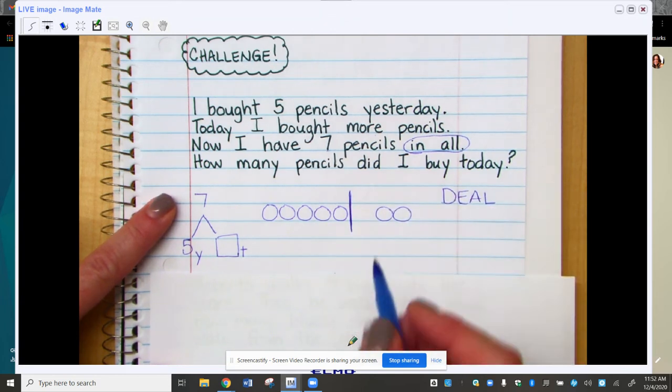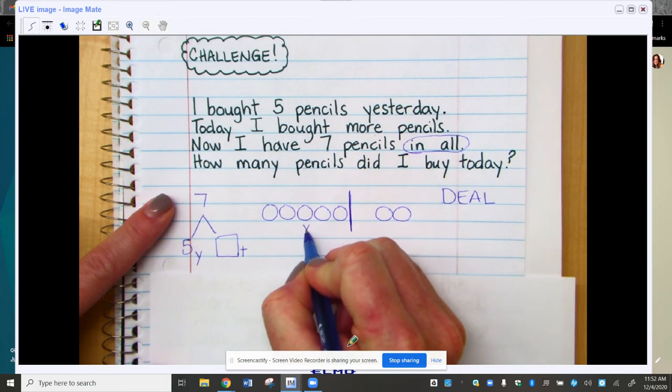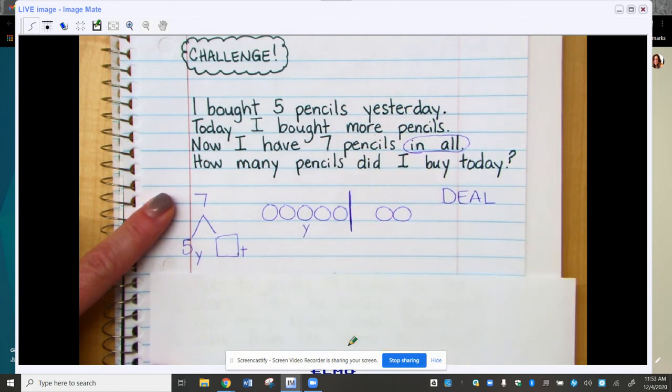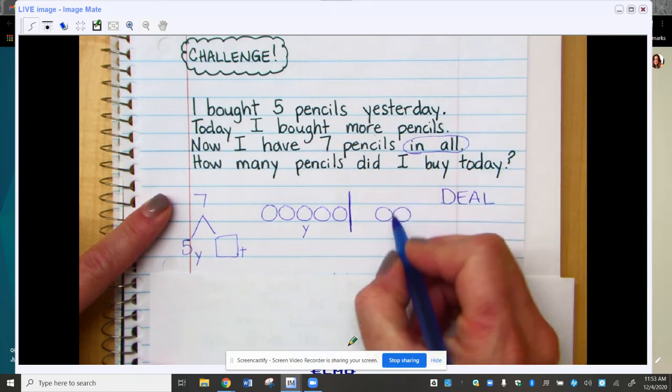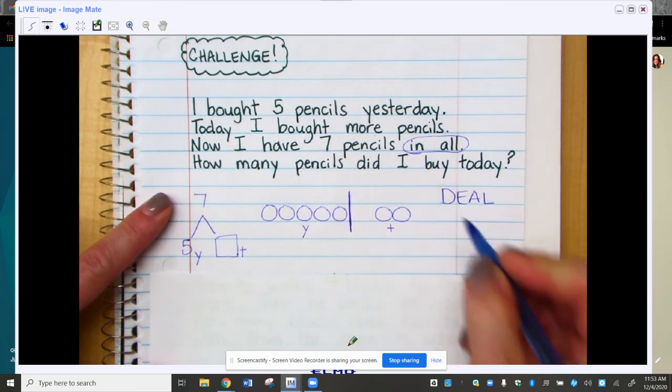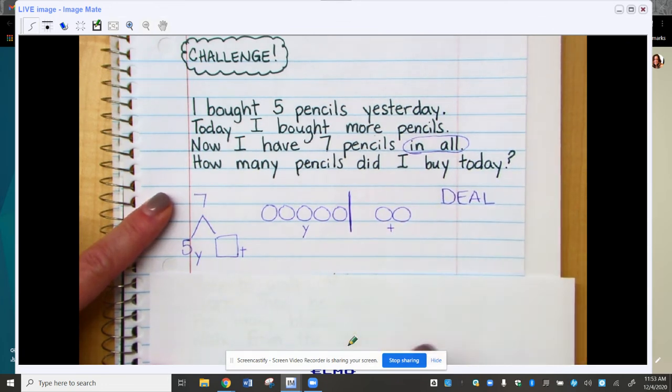Okay, and I'm going to put a Y for yesterday. I'm going to label those 5 circles so I know that that represents the pencils that I purchased yesterday. So how many pencils did I have that I bought today? So 2. Okay, so now I'm going to write my equation.